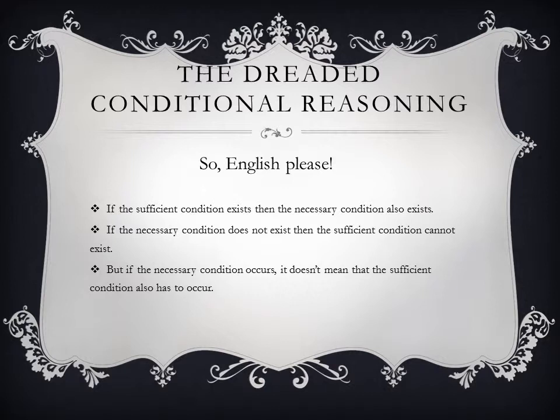So, in terms of logic games, it's very important. If you have a rule that states if A plays on Wednesday, then B plays on Thursday, it's completely possible that B could play on Thursday and A doesn't play on Wednesday.